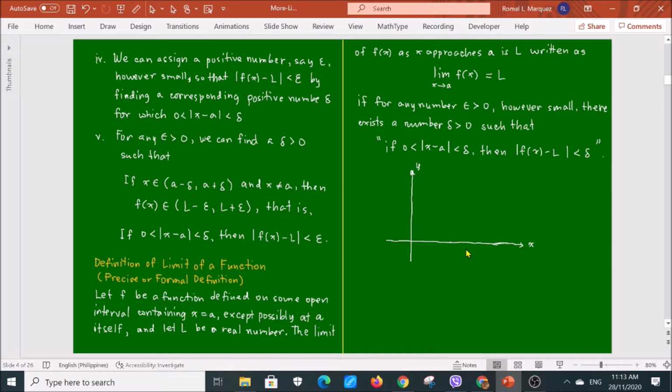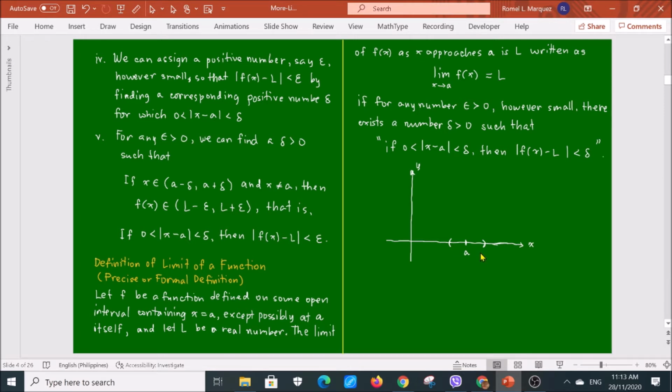So let's say this is my a, and this is my allowance. This is my interval. So that's what the definition means. There is an interval containing a, and this is my x equals a. And I'm going to move away from a certain amount. What is that amount? I'm going to have delta.